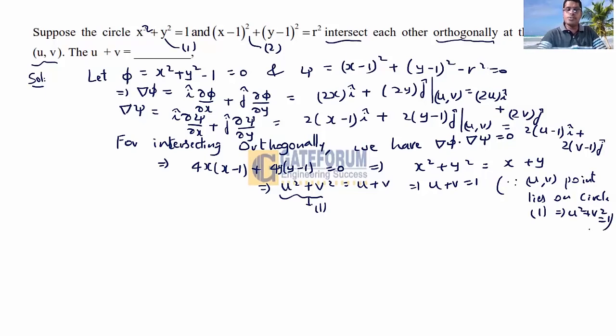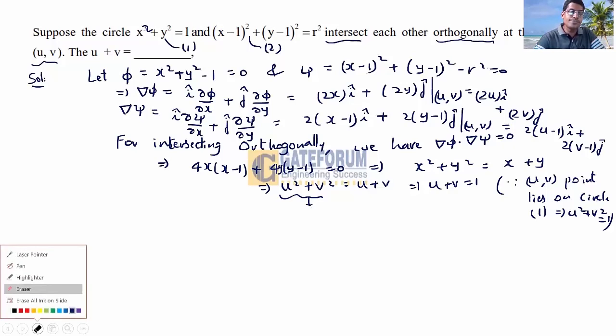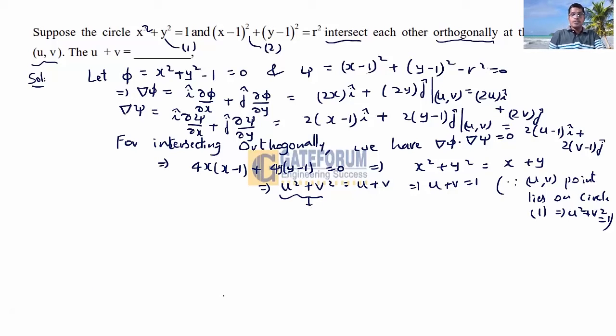This is the reason. Okay. So what I am suggesting, this is the u square plus v square value. So the answer is 1.